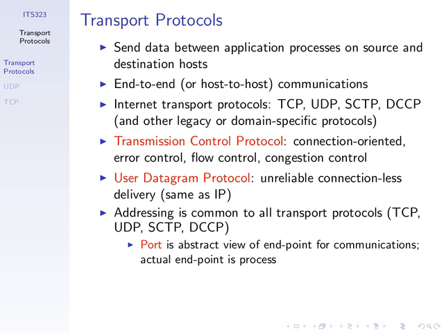Or more specifically, a software process is the endpoint. We have a process running on your computer, and that process on the computer is the endpoint for communications. So we use port numbers to identify these processes, because on your computer you may run multiple processes. So when you receive data, somehow your computer needs to know which process this data goes to. Does it go to your web browser, your Skype client, your instant messaging client, or whichever? And that's what we use port numbers for.